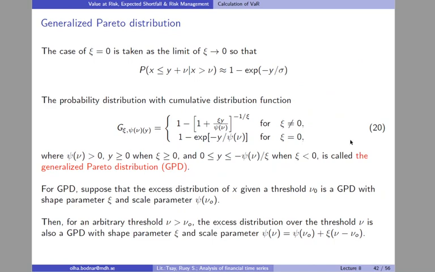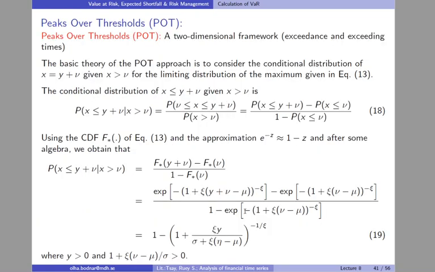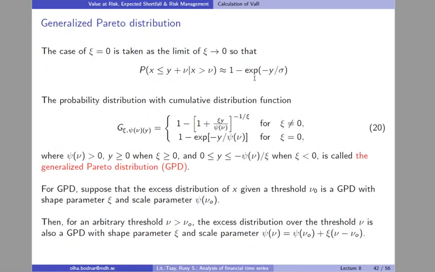Now for the generalized Pareto distribution, in the case where the shape factor is 0, we can take it as the limit where the shape factor tends to 0. And so if we do that, this equation here becomes this equation here, which is much more manageable.